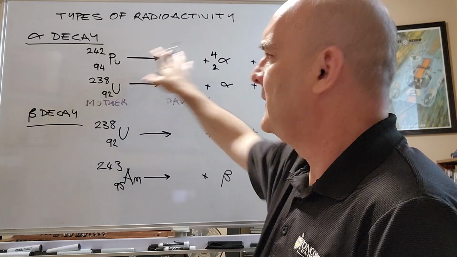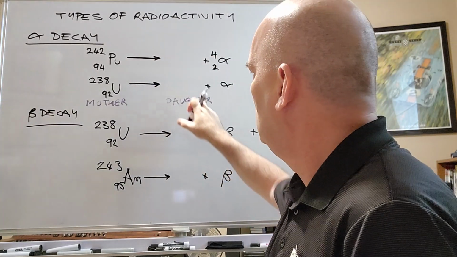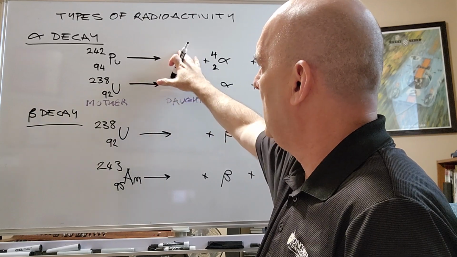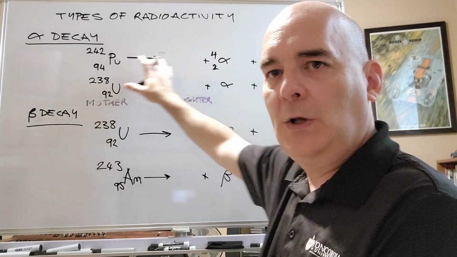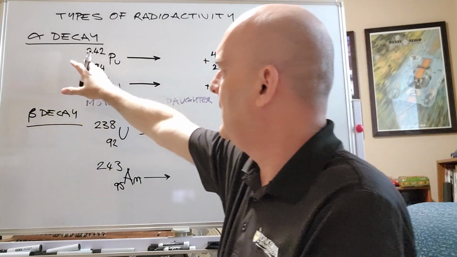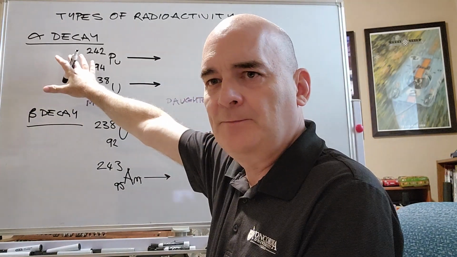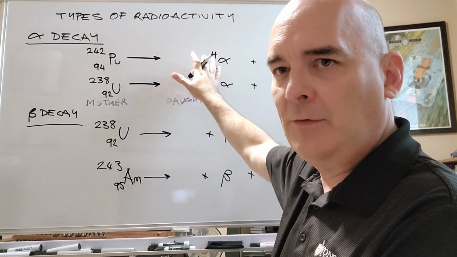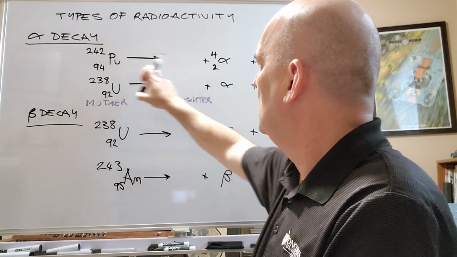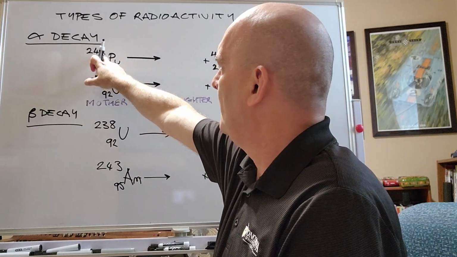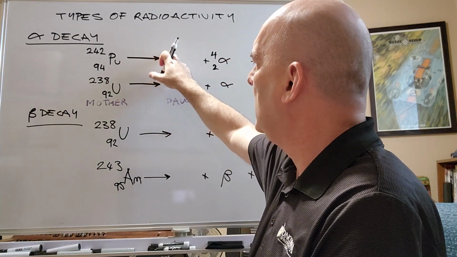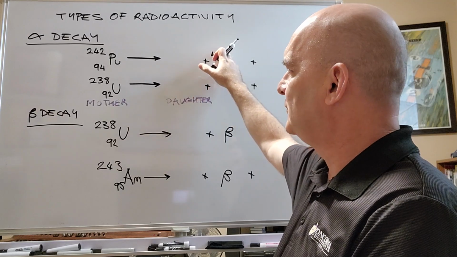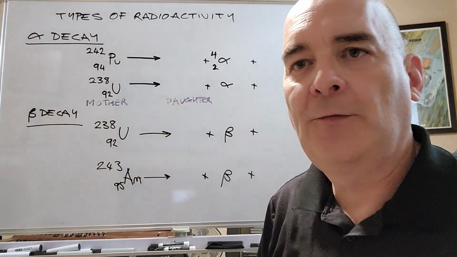Okay, so this is going to turn out to be quite simple, because the daughter that lives in this blank space right here is subject to something that we call mass balance. The amount of matter on the reactant side has to equal the amount of matter that is on the product side. So some number up here for the mass number goes here. That is a number that when you add 4 to it is equal to 242.